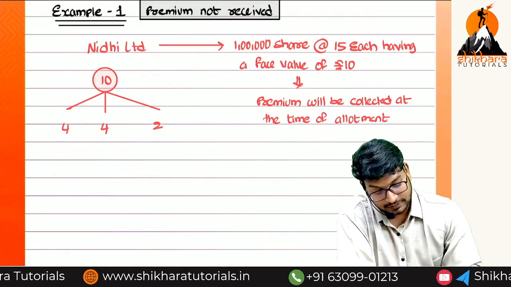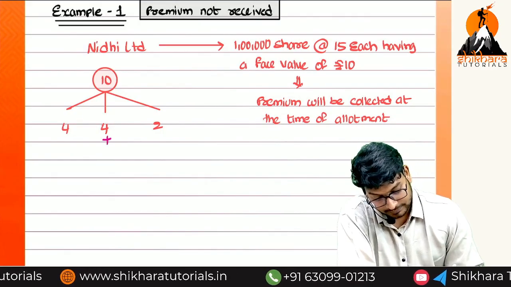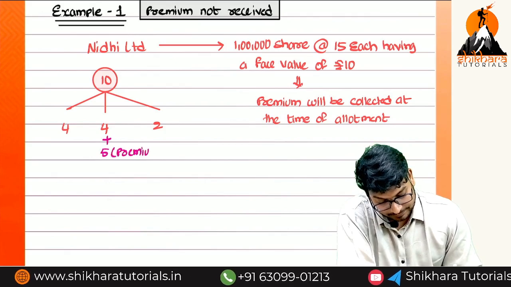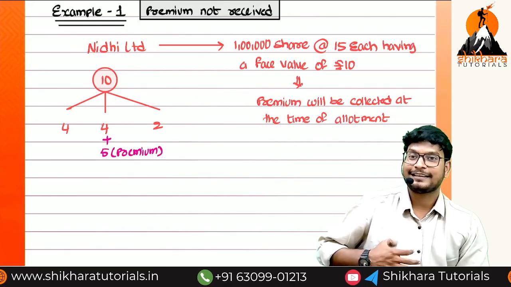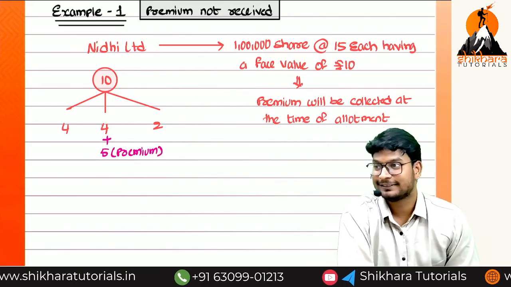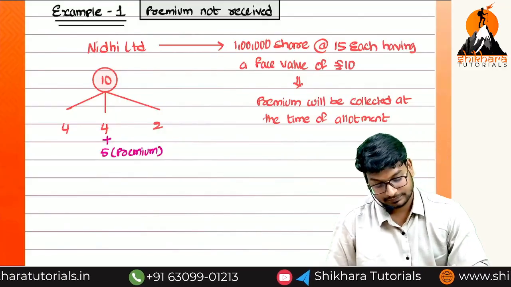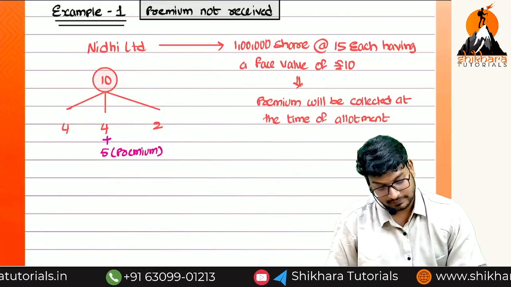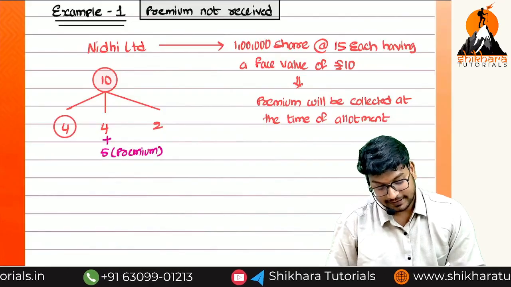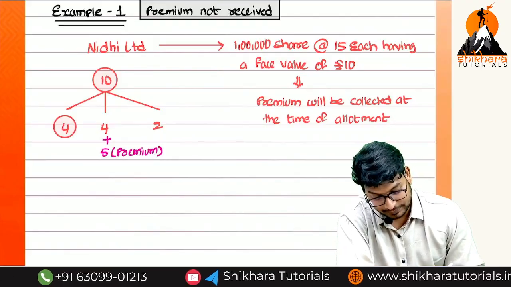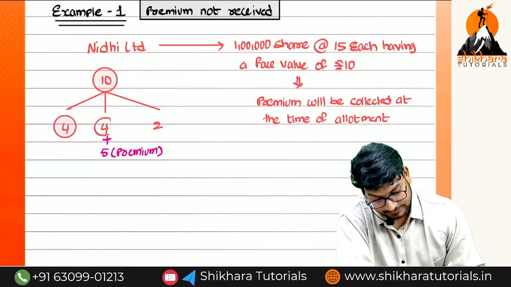Here extra, the 5 rupees is the premium. You have been taking 3 plus 4 daily. So today, 4 plus 4 plus 2.